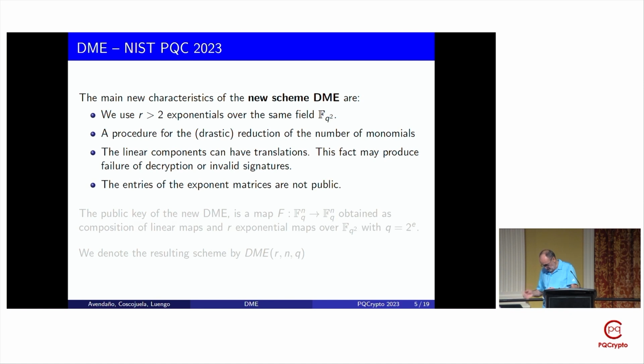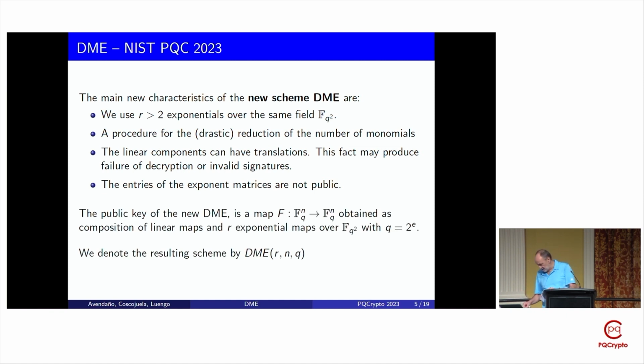The other differences are that in the linear part we have some translation, which means that in principle there can be decryption failure, and also that the exponent matrices are not public.